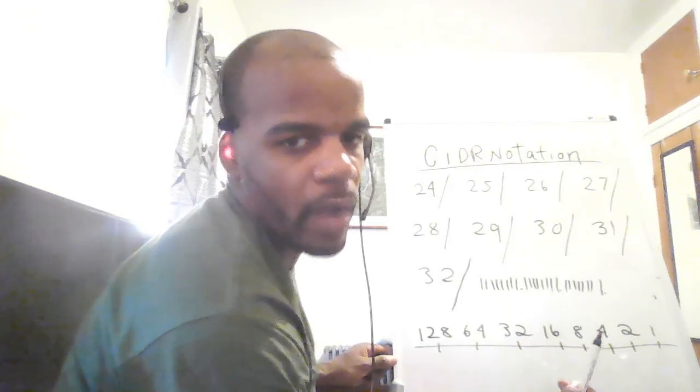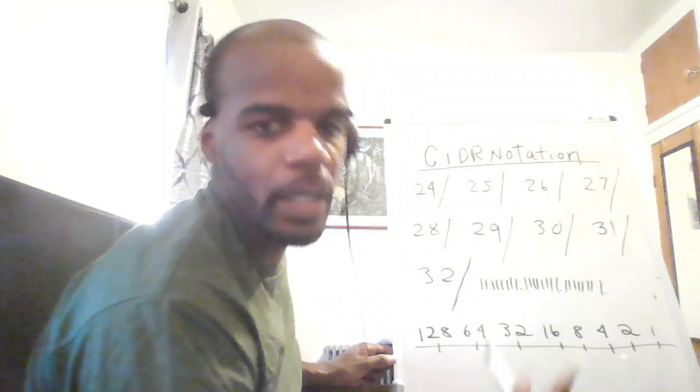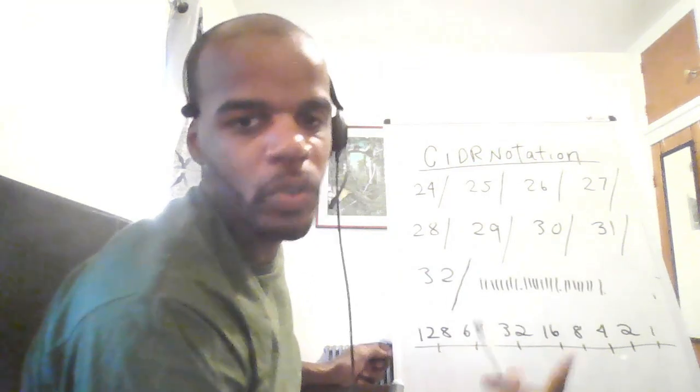So slash 25 would be, I'm just adding one more bit, and I have seven zeros left. 1, 2, 3, 4, 5, 6, 7, which equals a slash 25.